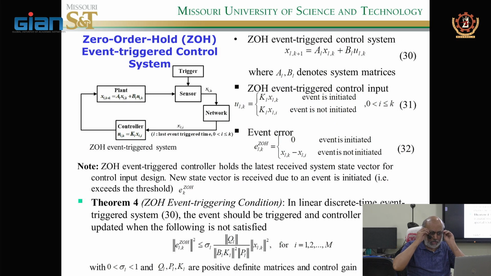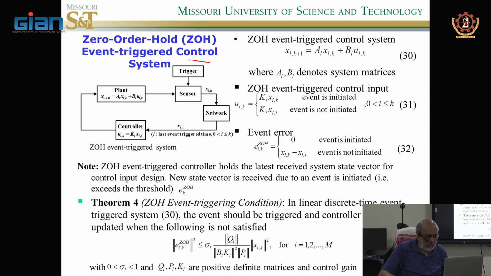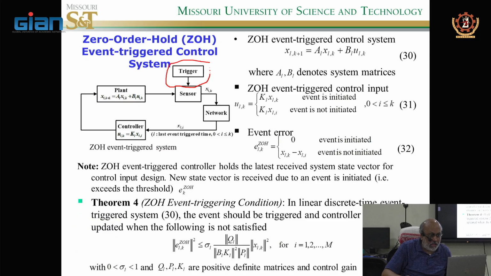So let's take a linear system. You see this here, and here you have the triggering mechanism. There is a triggering mechanism here that decides when this state x(t_k) can be transmitted through the network.